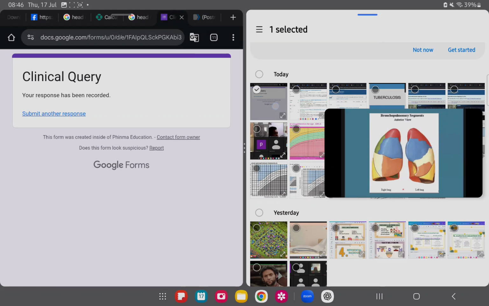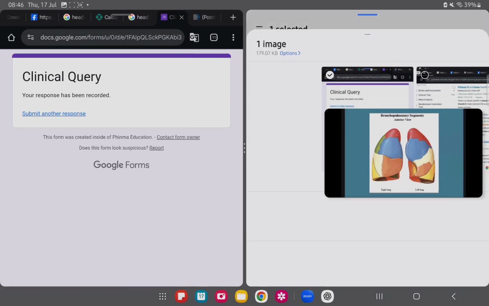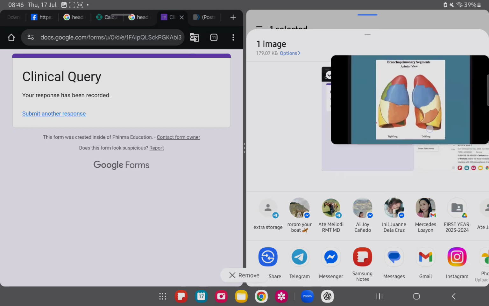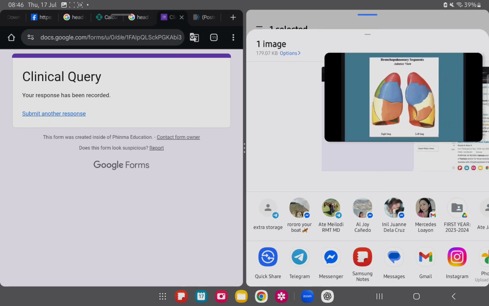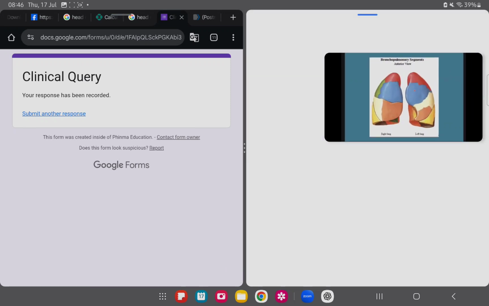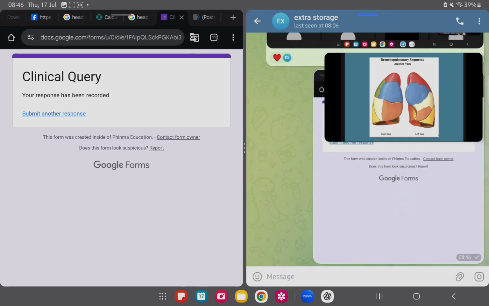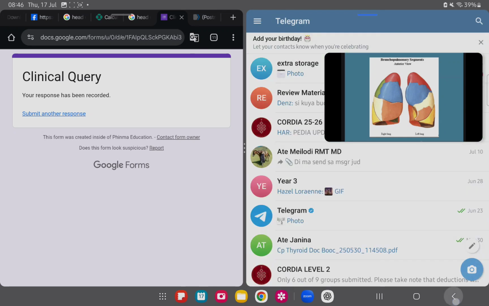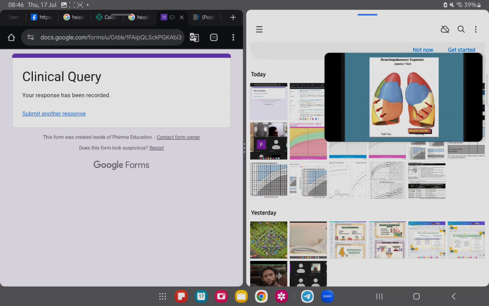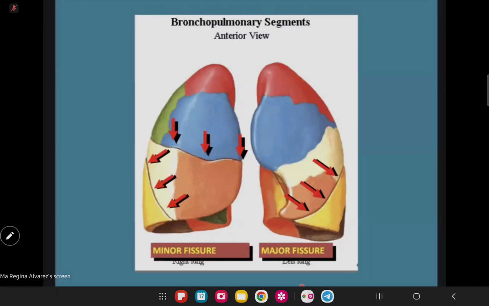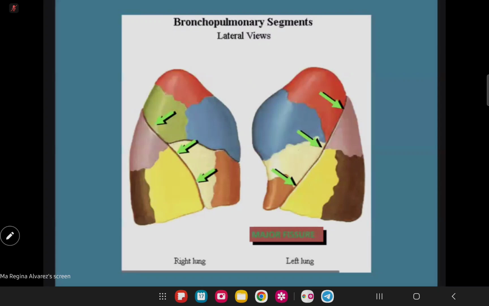So your right lung has 3 lobes: the right upper, middle, and lower. And then the left would have 2 lobes, the left upper and the left lower. Okay, and then your major fissures, minor fissures, the lobes.